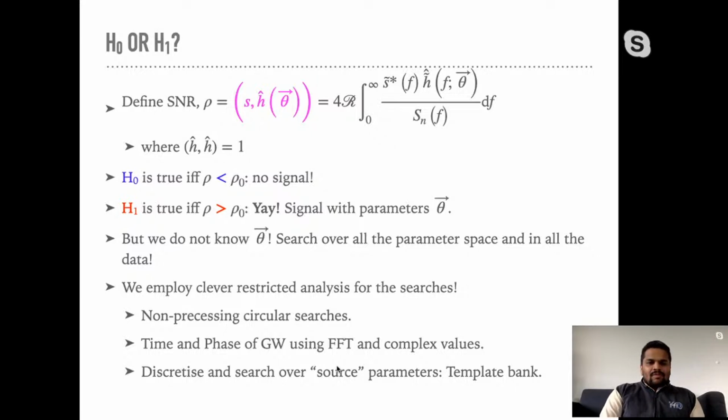And we use Fourier transform to search over time quickly, and then we have to go over all the parameters. We cannot change the parameters continuously because that is an infinite search and we can't do that given finite computation. So we then discretize and search over the parameter space, and that's what we call a template bank.